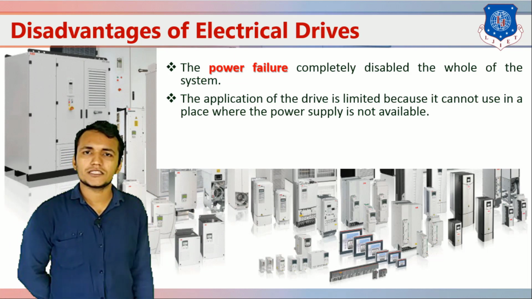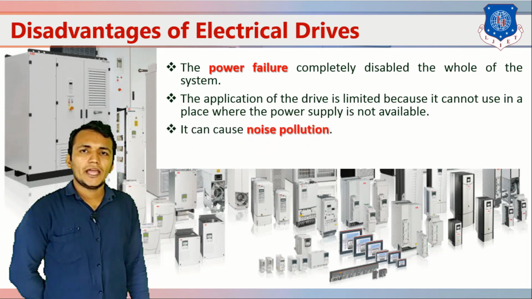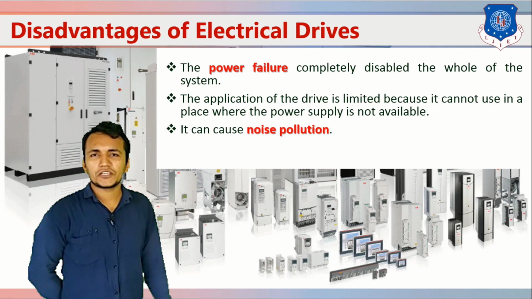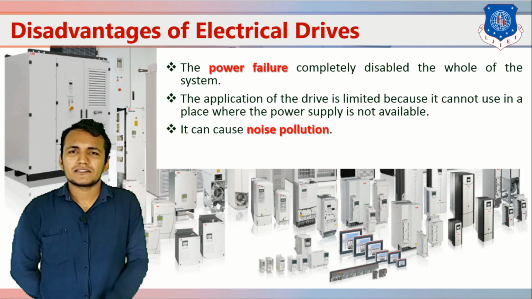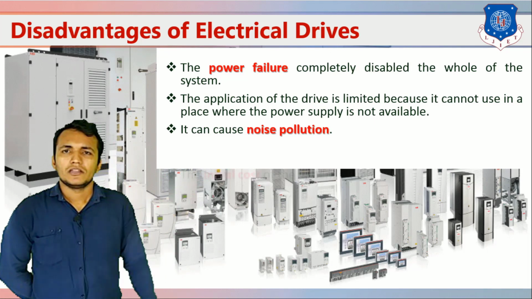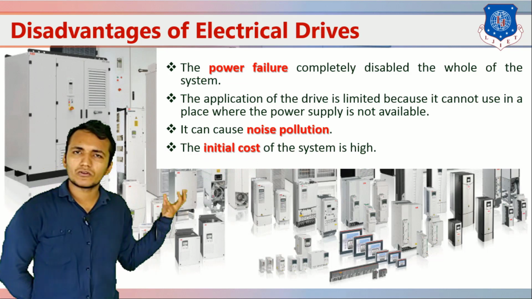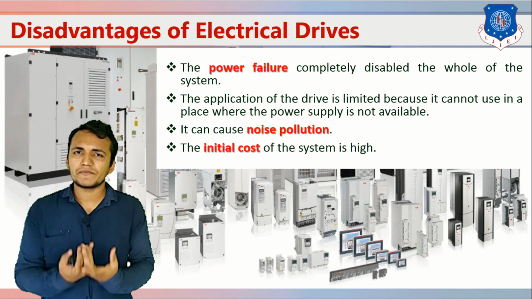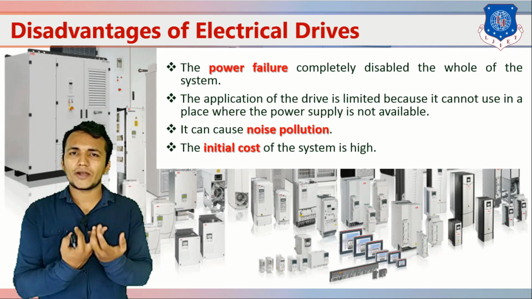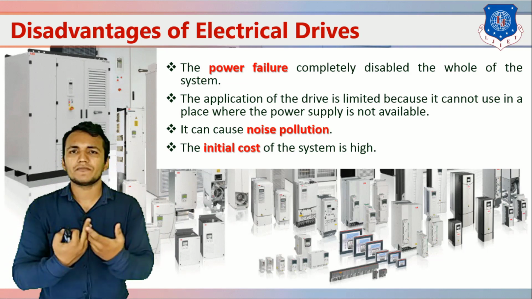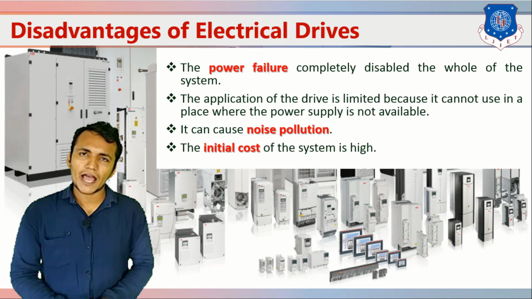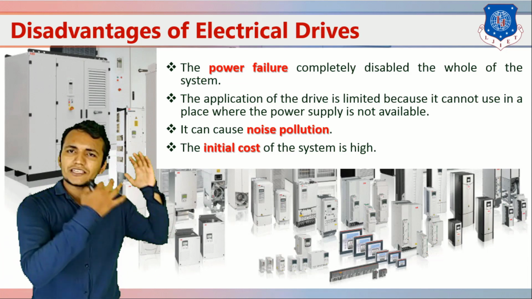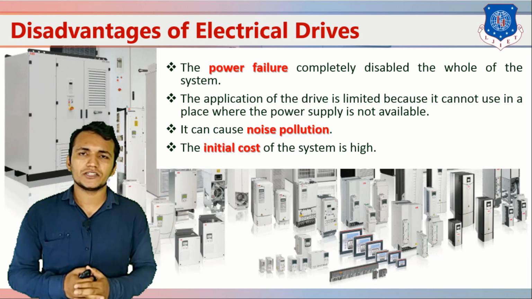That is another disadvantage. And it can sometimes cause noise pollution. Then the initial cost of the system is high. Sometimes we have to provide a speed control system, so at that time the initial cost will be high. So those are the advantages and disadvantages.